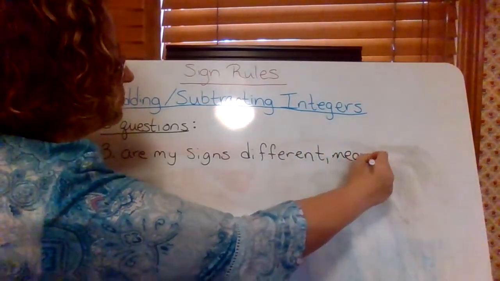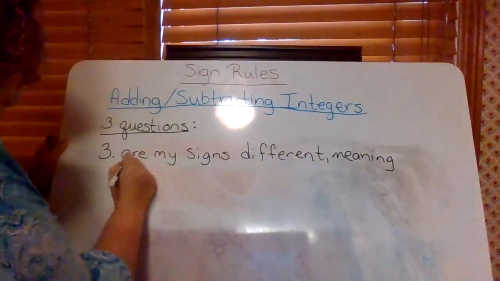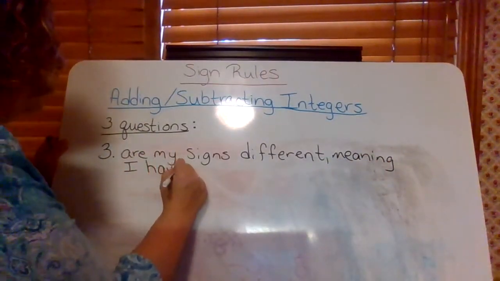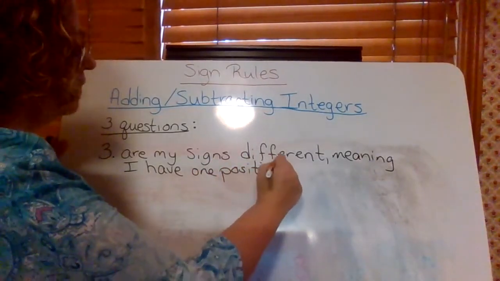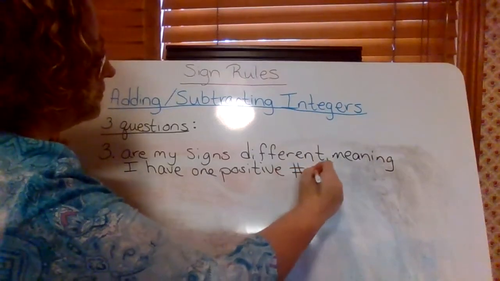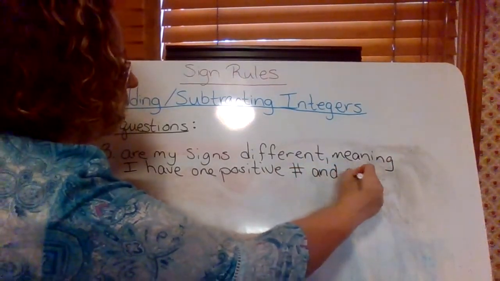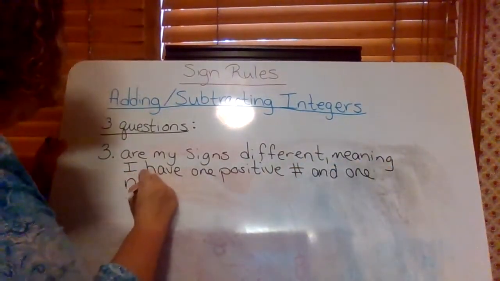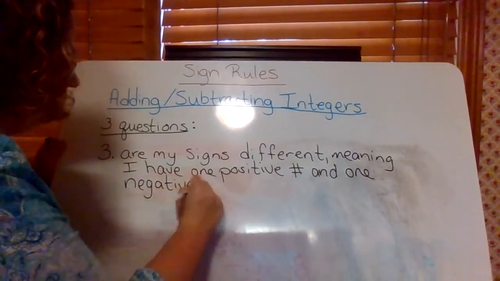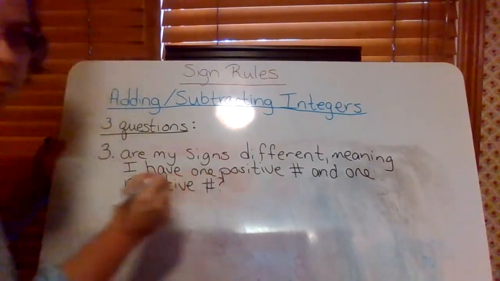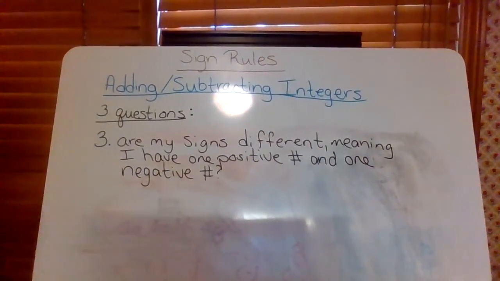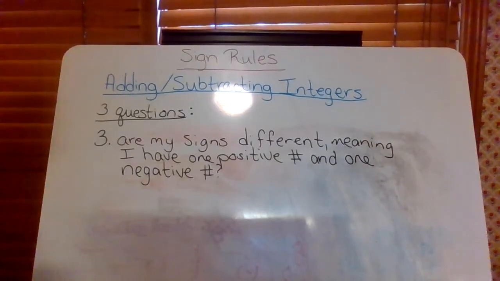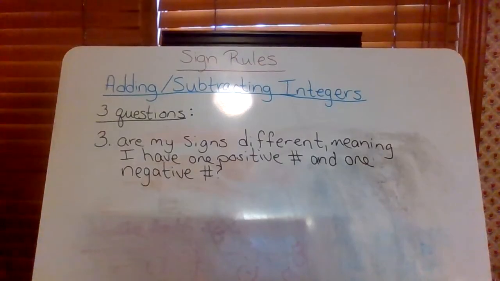Meaning, I have one positive number and one negative number. Okay. So that's my third and final question that we're going to talk about today. Are my signs different? Meaning I have one positive number and one negative number.